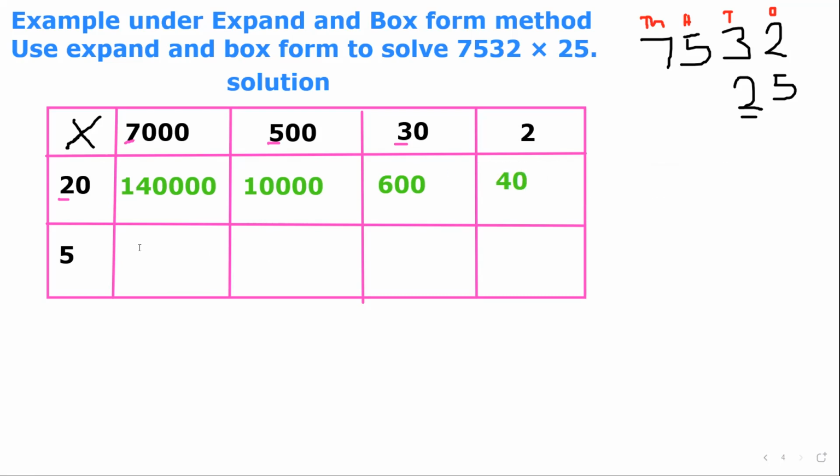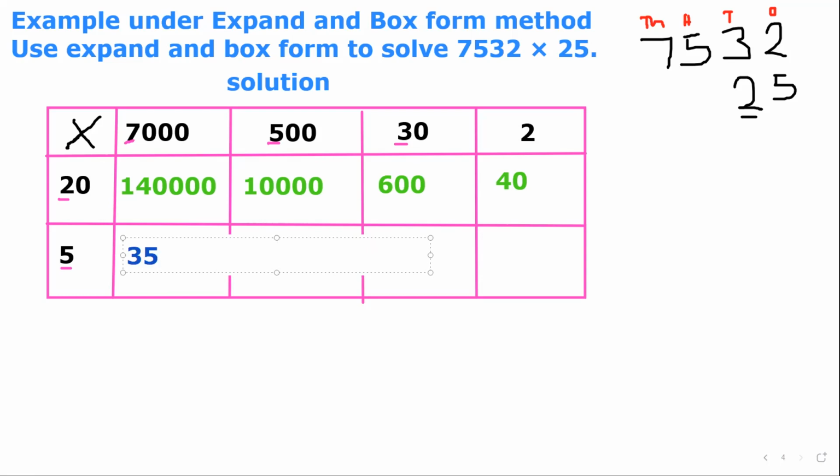When you come here, the 7,000 times 5 will give you, then you count the number of zeros involved. Only 7,000 possesses three zeros, so you multiply the numbers, which is the 5 times 7. The 5 times 7 here will give you 35.